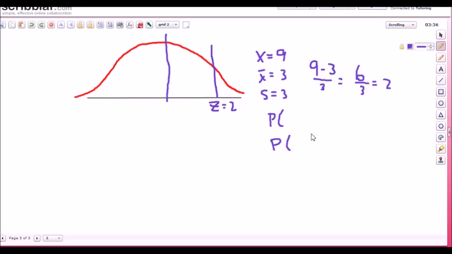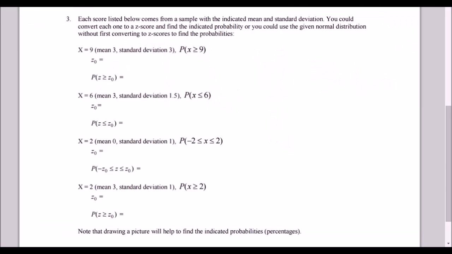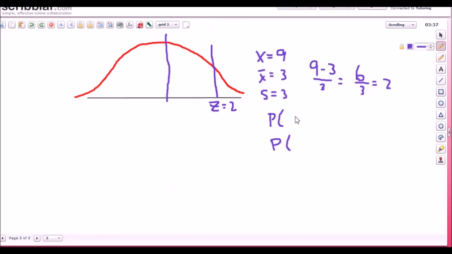So we're trying to find the probability that X is greater than or equal to 9. And that translates into z is greater than or equal to 2. So what in the world does that mean? This is where we go into the standard normal curve.